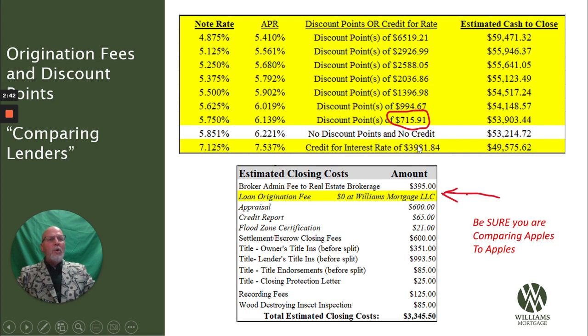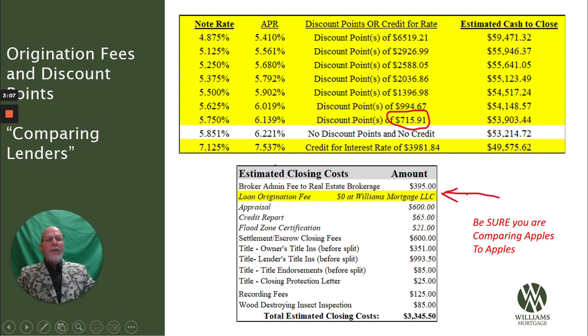If all else is equal, and lender B offers the same 5.851% rate, but does charge a $715.91 loan origination fee, that same $715.91 origination fee, if paid to lender A, would ultimately get a lower rate.